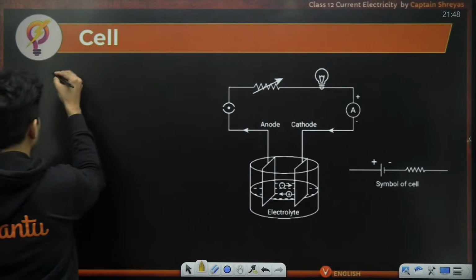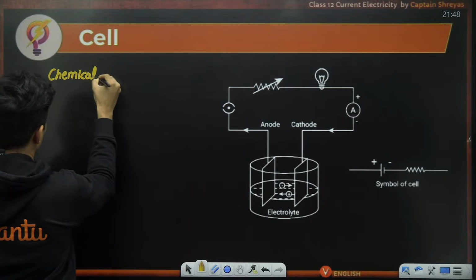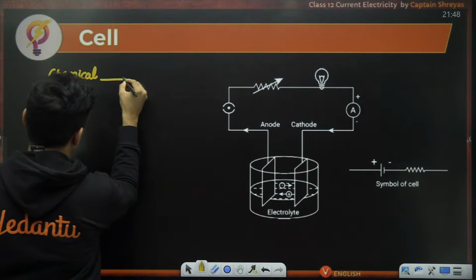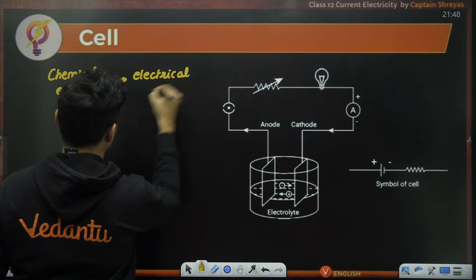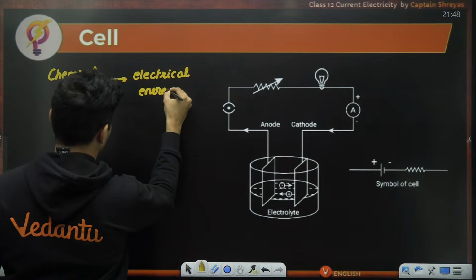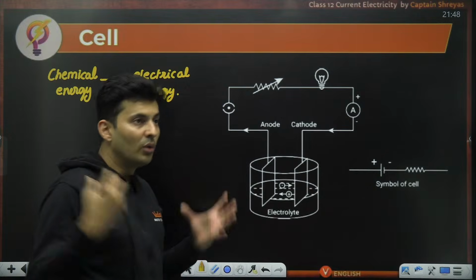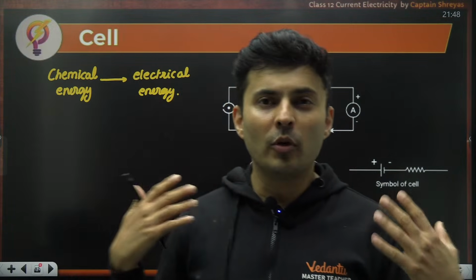So a cell basically converts the chemical energy stored in it into electrical form of energy. We usually call the voltage which a battery supplies as the EMF, electromotive force.